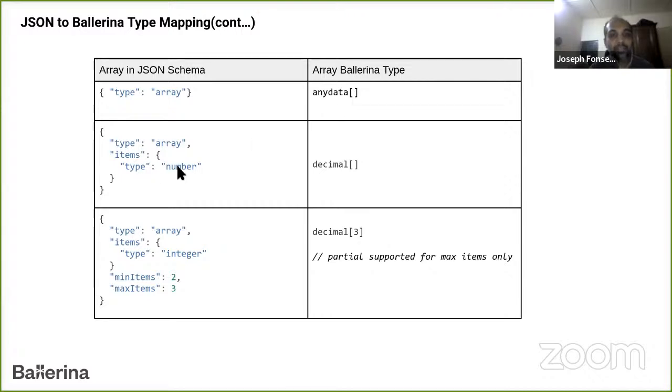If the type is defined for numbers, then that will be the specific type array. And we have further constraints in JSON schema, min items and max items. Here we will support the max number of items when it comes to Ballerina types.